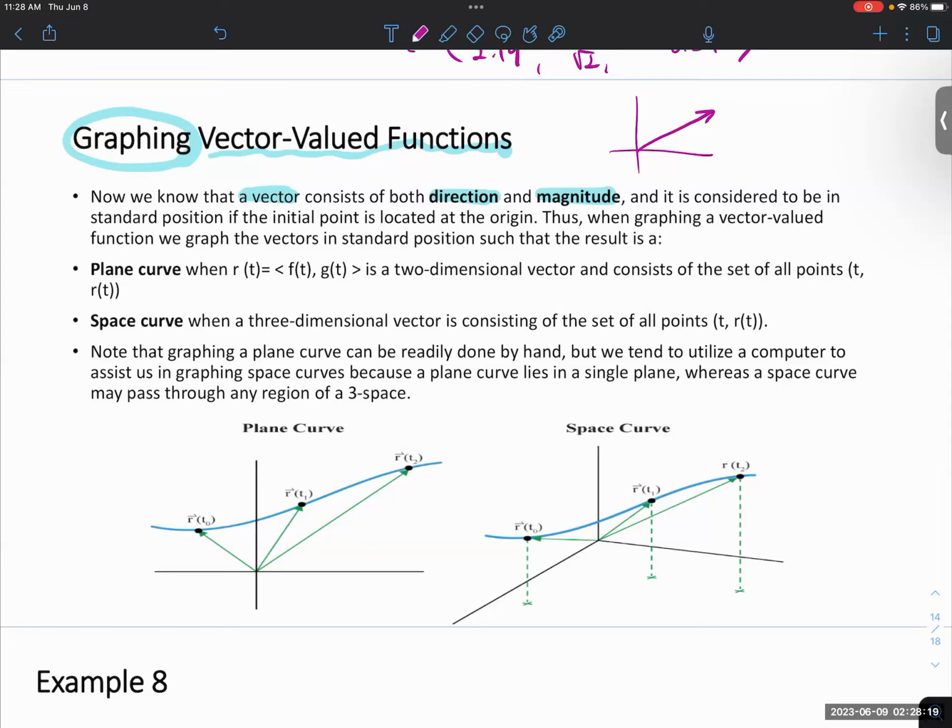When you are graphing the vector value function, it is going to be very similar, but it has components, right? A vector has components, and a vector value function says that each component has a function form. So let's say you have a vector f(t), g(t), and h(t).